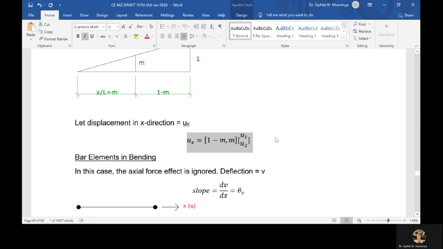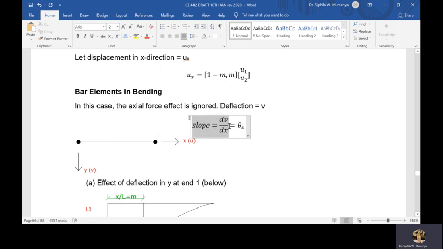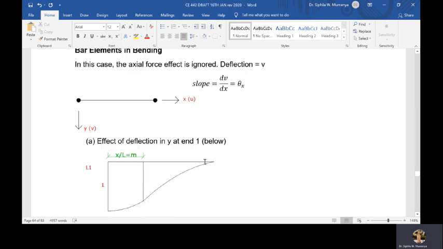For example, another example is if you have a bar element in bending. In this case, the axial force effect is ignored, and the deflection will be equal to v. Again, these are the coordinates, the local coordinate x, and we have a coordinate in the y direction. So if it is in bending, then the slope will be given by, if the deflection is v, the slope will be dv by dx, which we'll give a value theta x there.